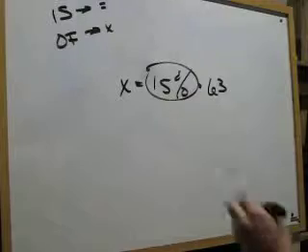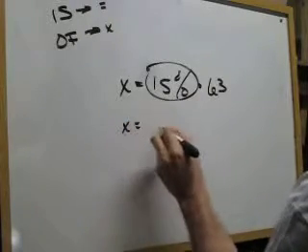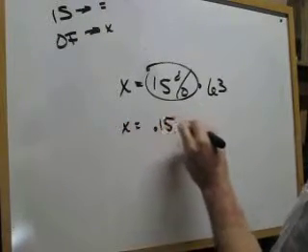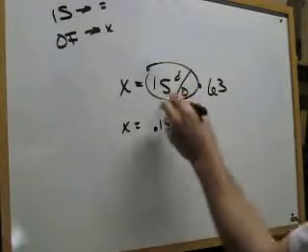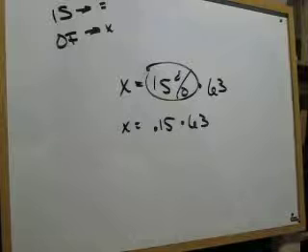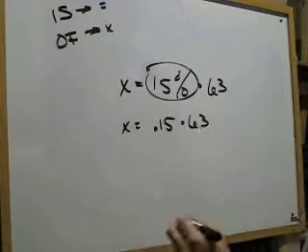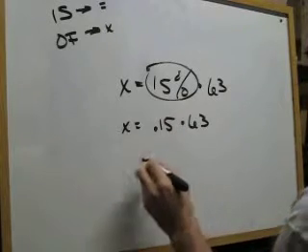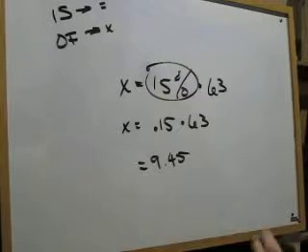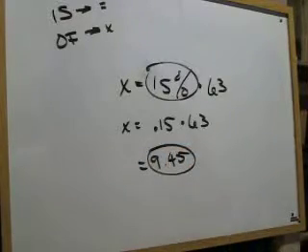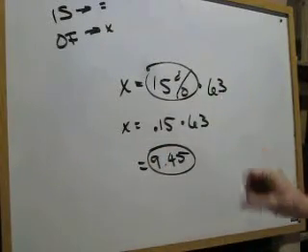So the first thing we're going to do is change our percent to a decimal because it's a lot easier to change it to a decimal than a fraction. So you move the decimal over 2 and you get 0.15. Therefore, 15% of 63 is 0.15 times 63, and that is 9.45. So 9.45 is 15% of 63.